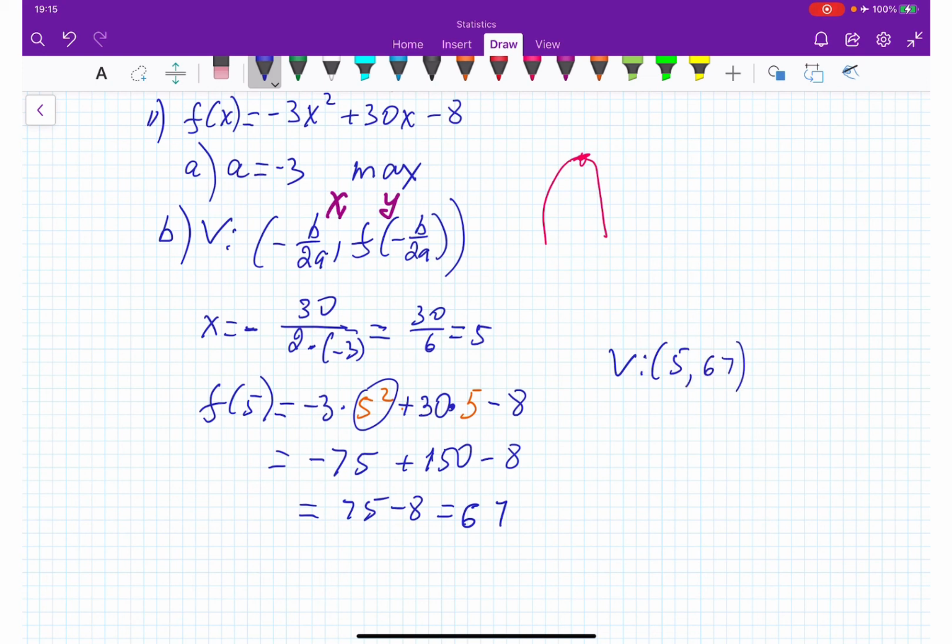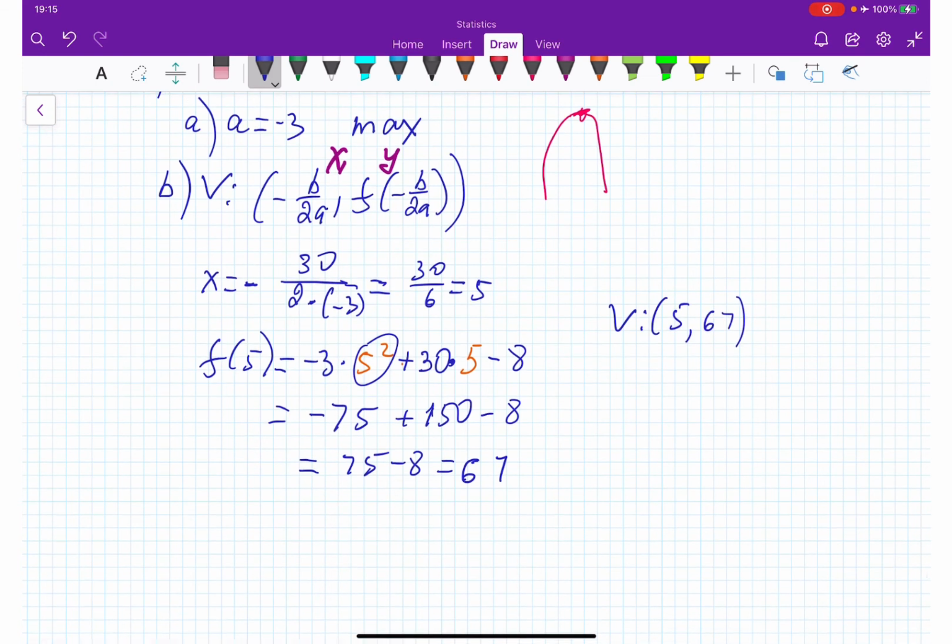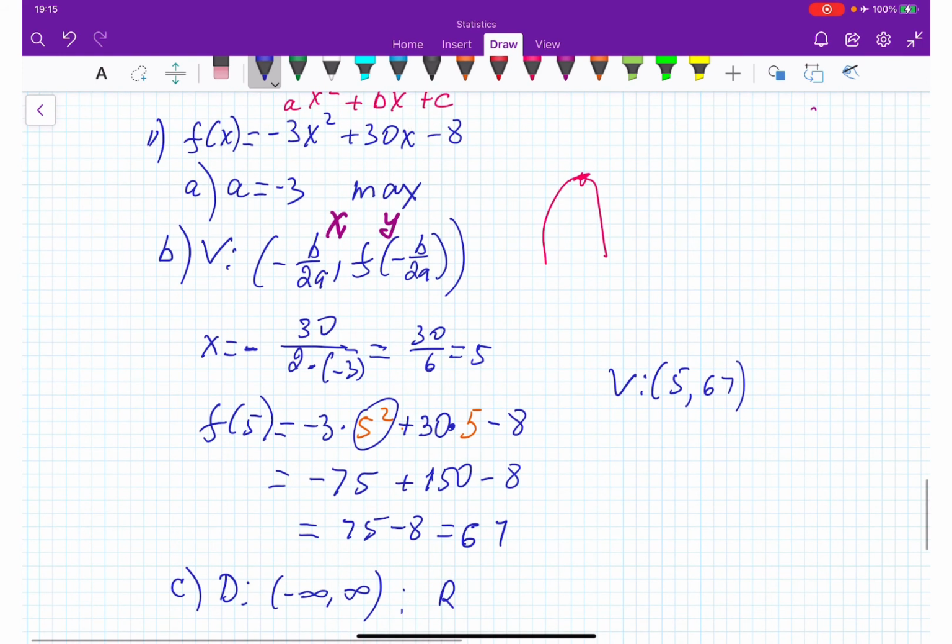And from here, the domain is going to be, since it's a parabola, always negative infinity to positive infinity. But the range is going to be different this time since the maximum is 67. So it's going to go from negative infinity, and the range, this is the value of y, is going to hit 67 as a ceiling.